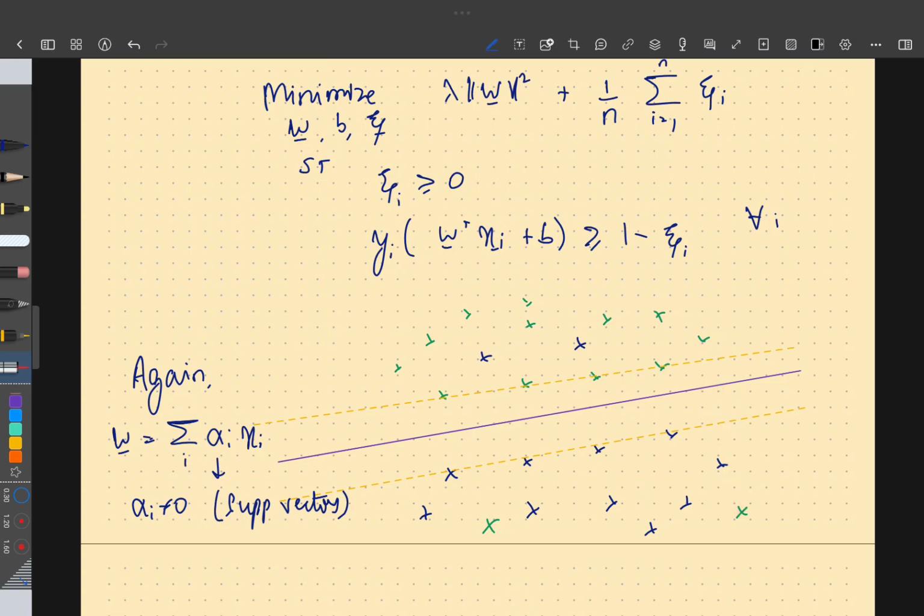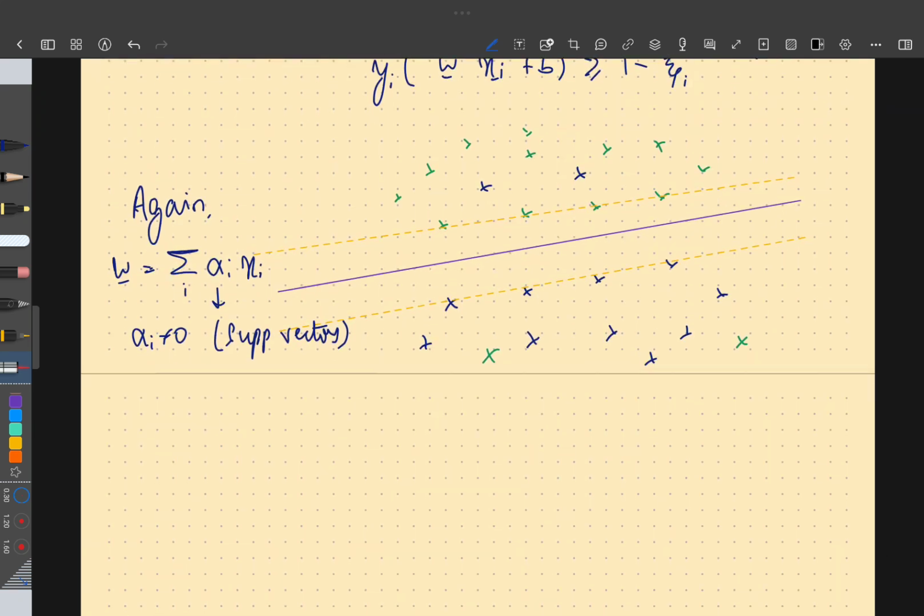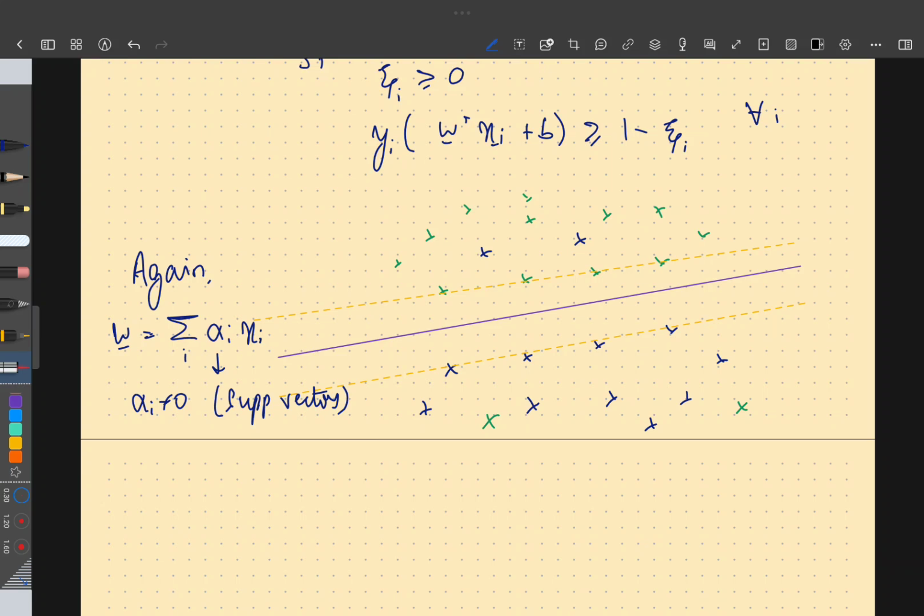Or to be more precise, it's proportional to this distance. Similarly, for this point, it would be proportional to this distance: the distance of the incorrectly classified point from the corresponding marginal hyperplane.